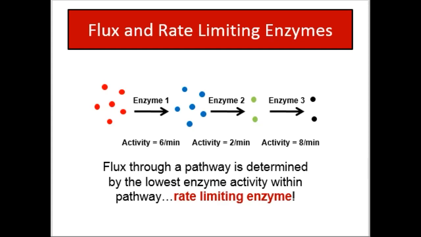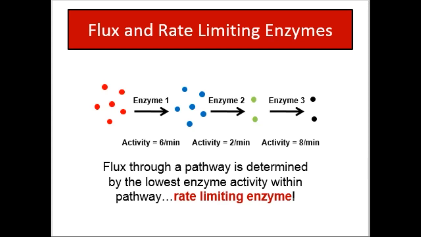And so enzyme 2 is a rate limiting enzyme within this pathway, meaning that enzyme 2 is going to determine how fast this pathway occurs. Even if enzyme 1 is converting lots of these red molecules into these blue molecules, that doesn't really matter, because enzyme 2 is only able to convert a certain number of these blue molecules into these green molecules.